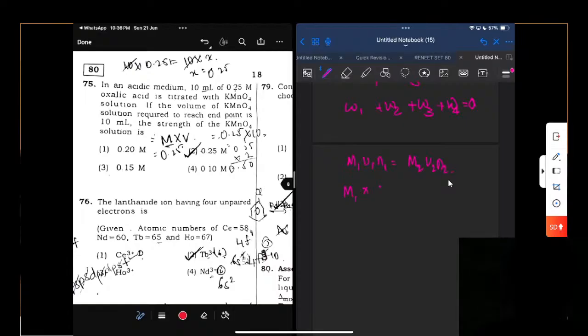N1 is 5, V1 is 10, so M1 into 10 into 5 is equal to 0.25 into 10 into 2. If you simplify this, M1 into 50 is equal to 5, or M1 is equal to 5 by 50, which is nothing but 0.1 molar. In which option do we have this? Option 4. For question number 75, option 4 is the correct answer.